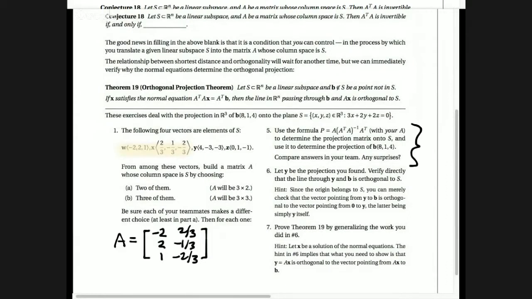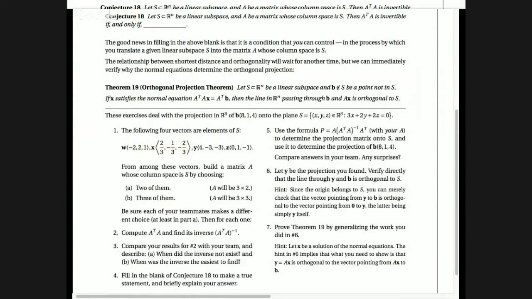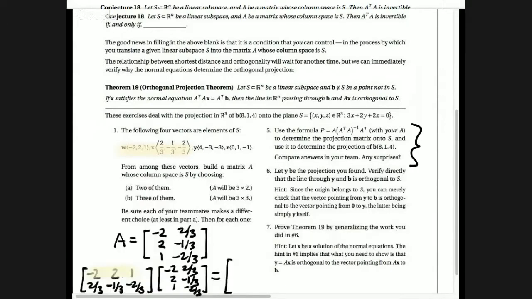So that A transpose A is -2, 2, 1, 2/3, -1/3, -2/3 times -2, 2, 1, 2/3, -1/3, -2/3. If I form this product, going across the row and down the column, -2 times -2 is 4, 2 times 2 is 4, 1 times 1 is 1, and so that's going to add up to 9.